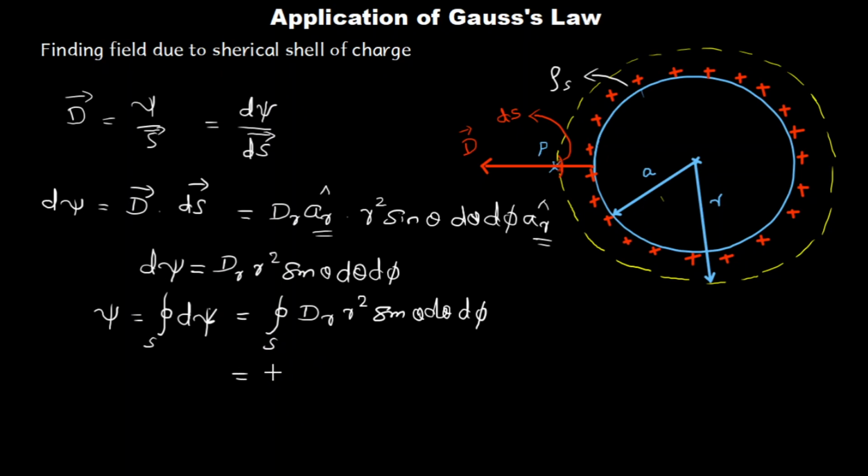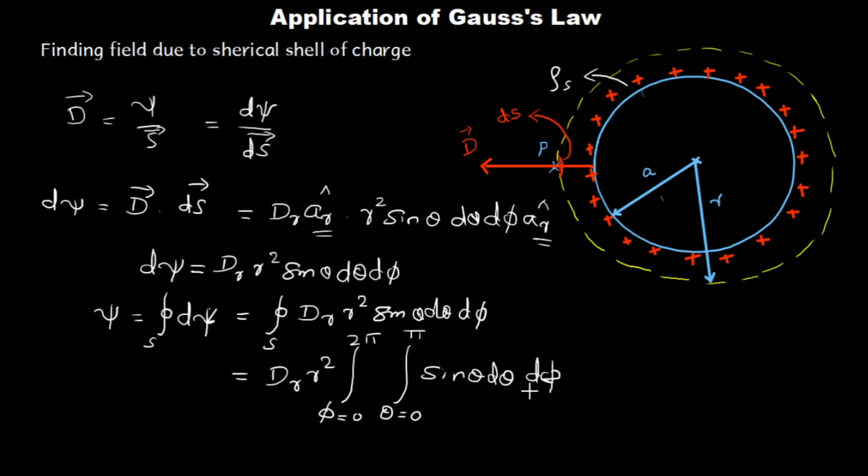So here I can write this as Dr r squared times the integral, with two variables: phi, which will vary from 0 to 2 pi, the azimuth angle, and theta, the polar angle, which will vary from 0 to pi. I have to integrate both sin theta d theta and d phi.